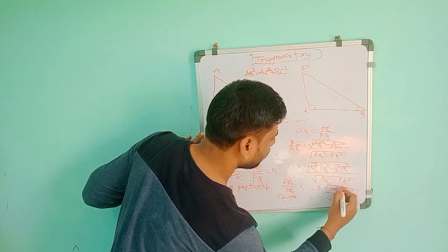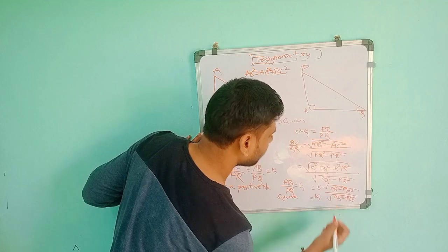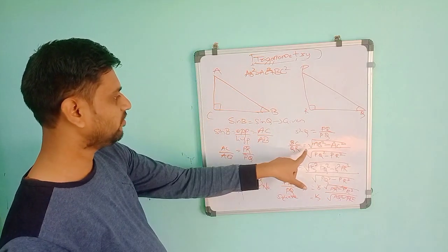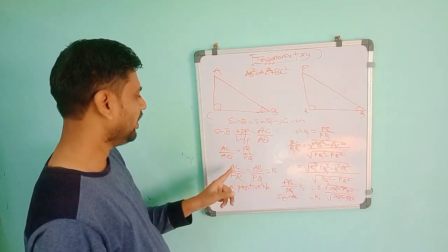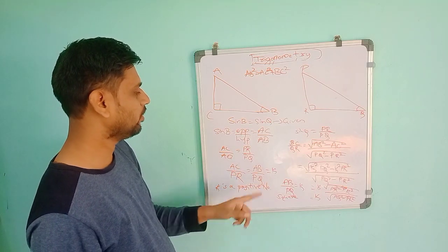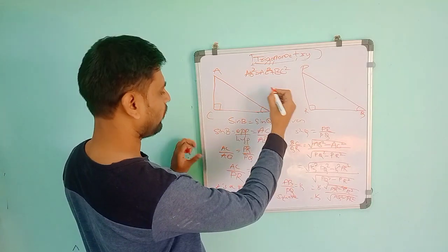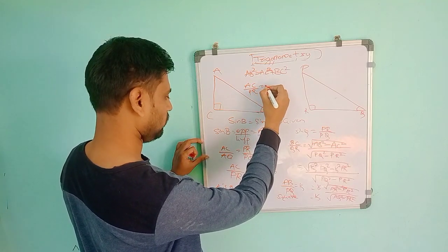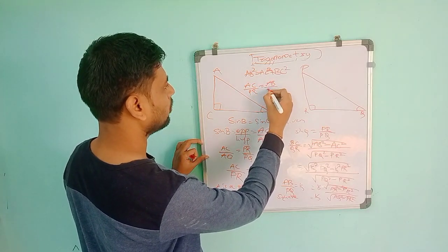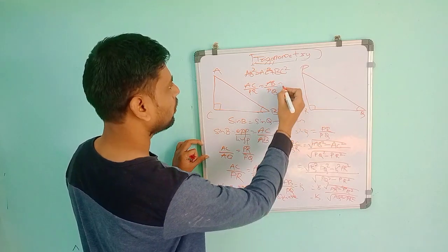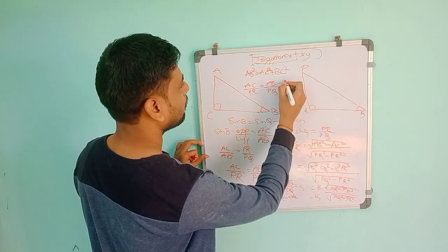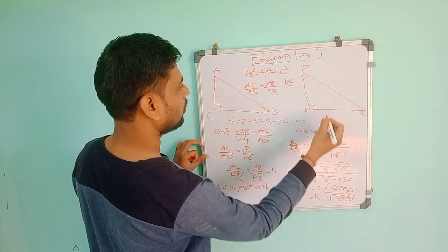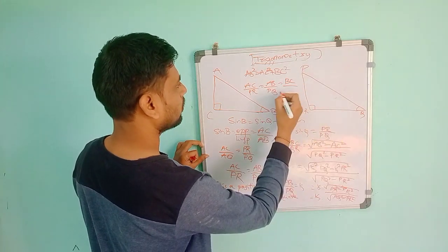These cancel and the remaining is K. Then we prove that BC by QR is equal to K, AC by PR is also K, and AB by PQ is K. So we conclude that AC by PR is equal to AB by PQ is equal to BC by QR.